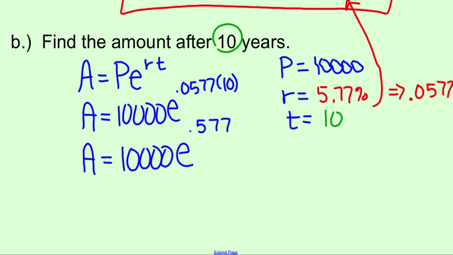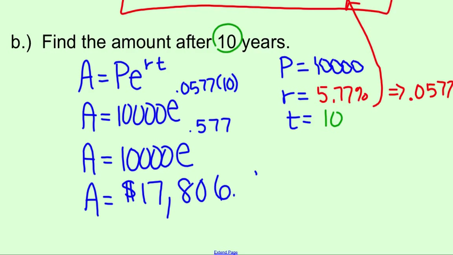I'm going to do my exponent next. So second E, make sure you have the E button. E to the 0.577 should be 1.780688345. No need to write it down, just go ahead and multiply that by 10,000. So your end amount is $17,806.88. That's how much you'll have after 10 years.